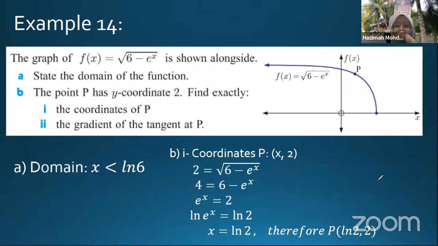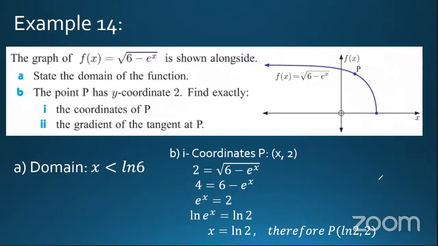Betul. And then masukkan x you adalah ln2. So dapat berapa? Negative 0.5 per teacher. Okay, negative half. Negative 1/2.